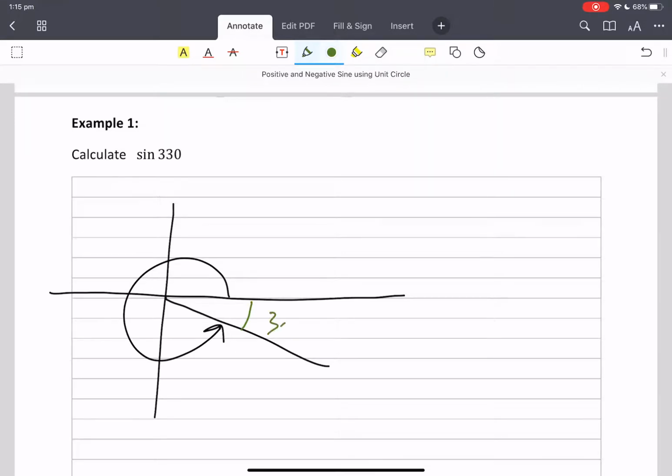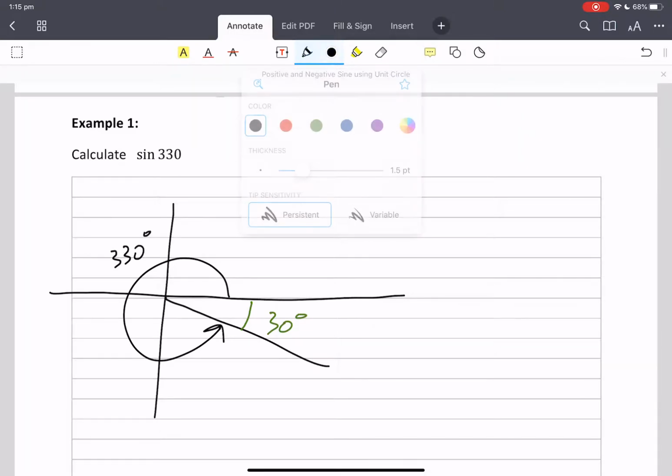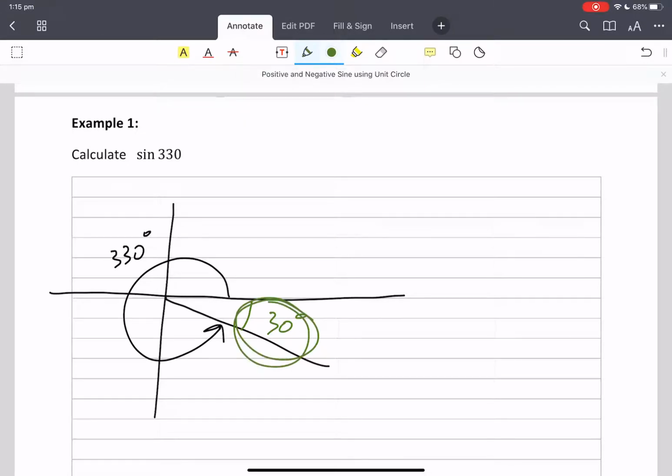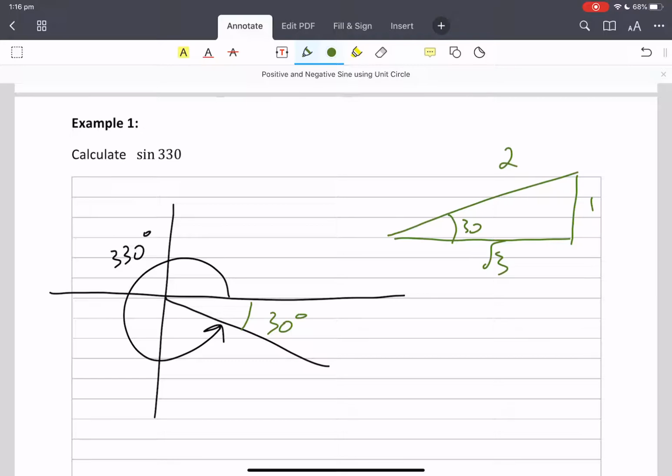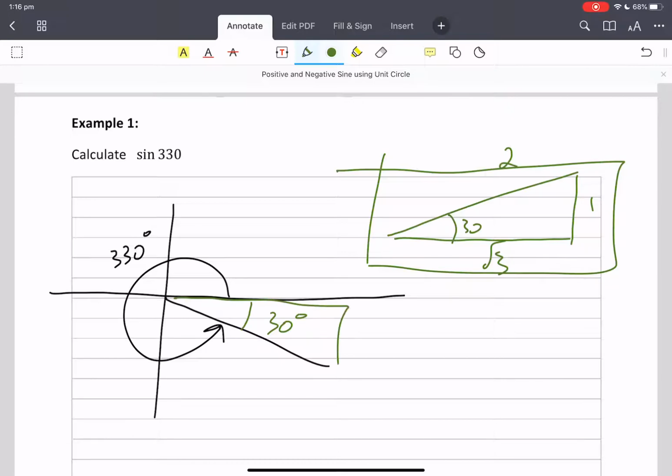So that's clearly 30 degrees because that big one was 330 degrees. It's this reference angle that tells me I would need to draw a triangle with a 30 degrees in it. There's my 30, root 3, 1, 2. Surely you can see that that triangle is actually that triangle there, just drawn a nice way. Easier to see.